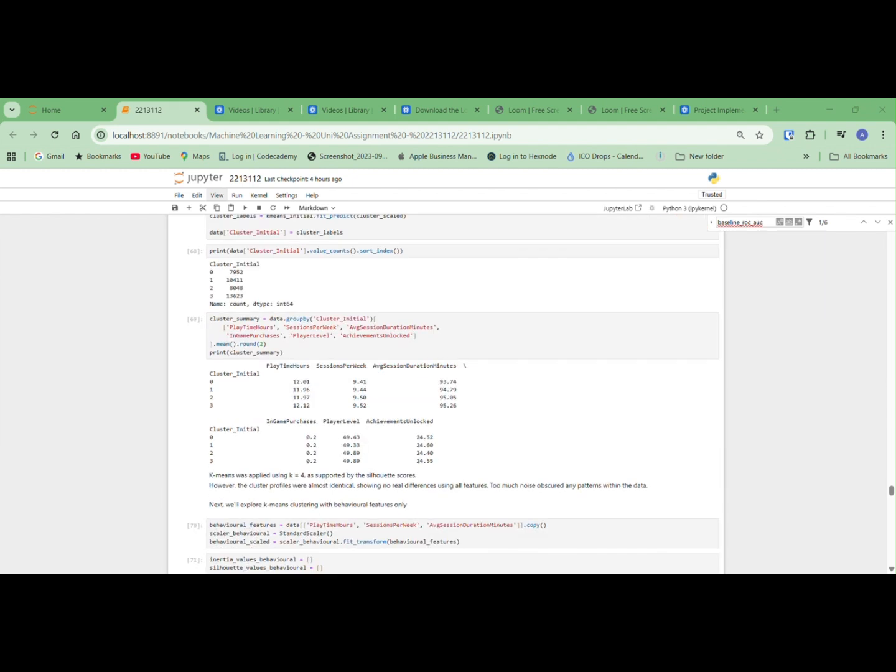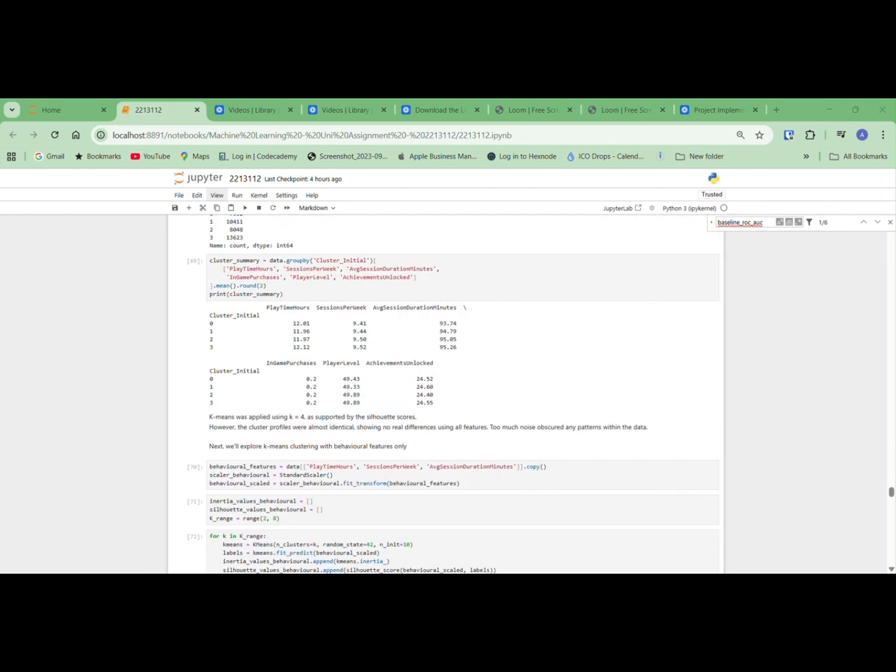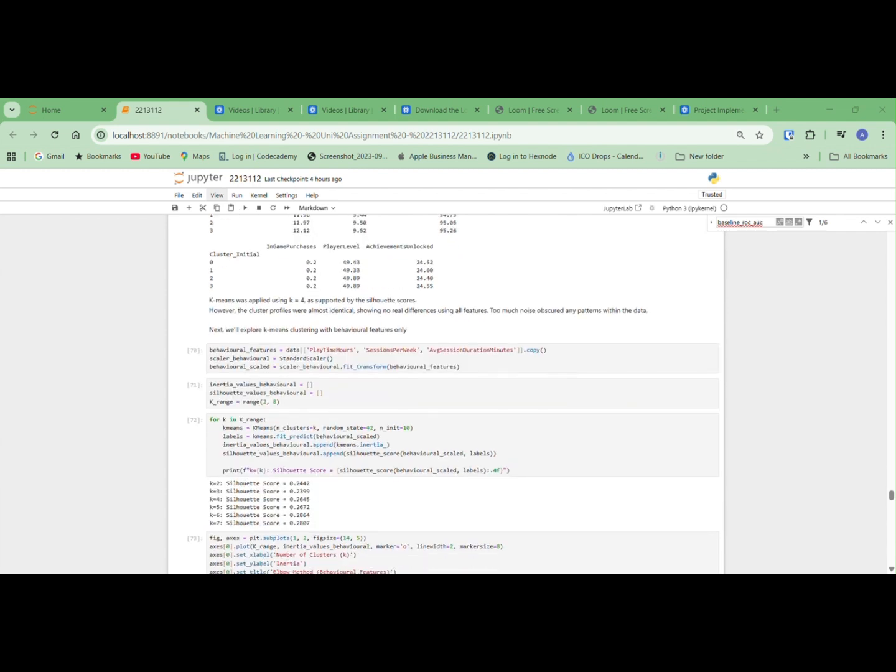The initial clustering didn't give us much information. I think there's probably too much noise around the data, so there's no real pattern it could pick up. Before moving on to implement another unsupervised model, I decided to focus on behavioral features: playtime hours, sessions per week, and average session duration.